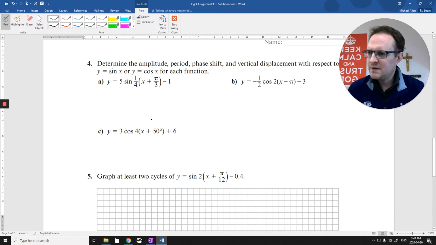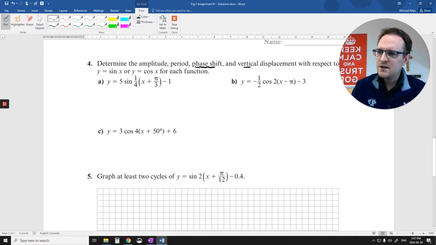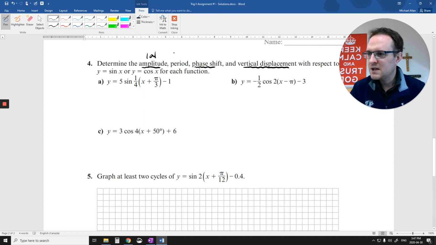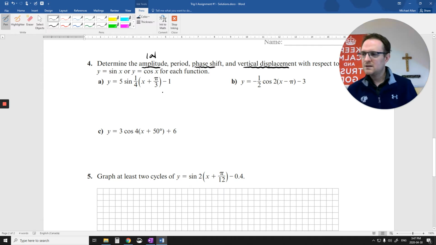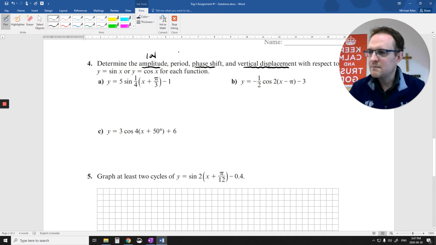We're going to do the same thing here, but this time we're going to find two other new things: a phase shift and a vertical displacement. So remember that the amplitude is the absolute value of the A. The period, it doesn't specify. Well, I guess in the questions themselves, you notice this says pi and this one says degrees.